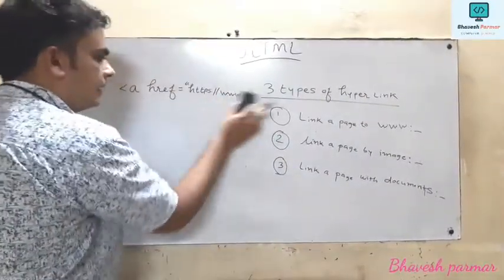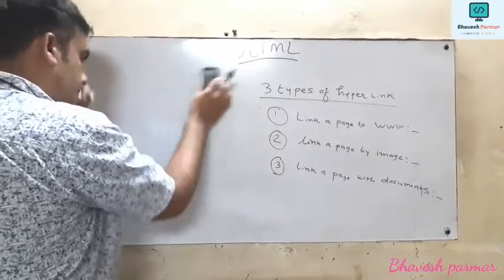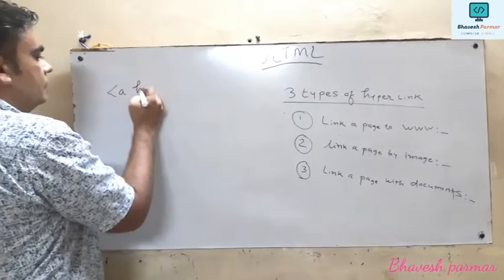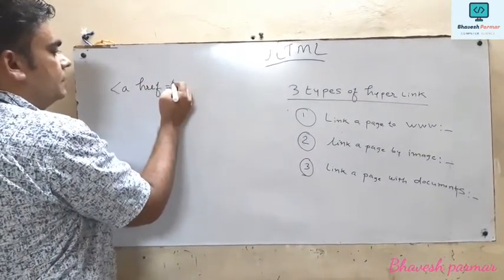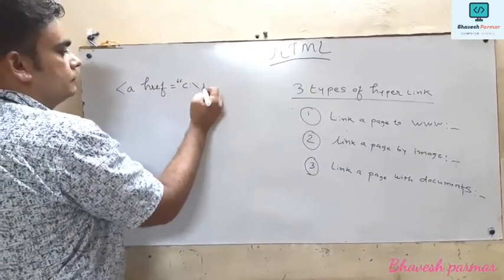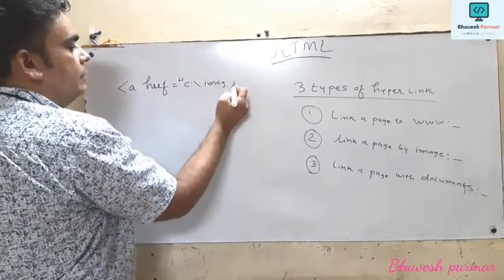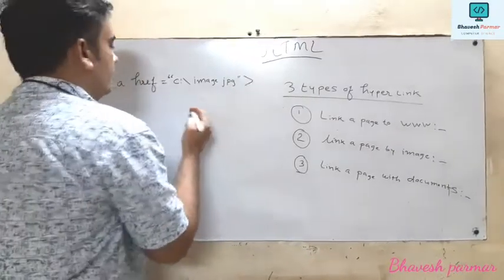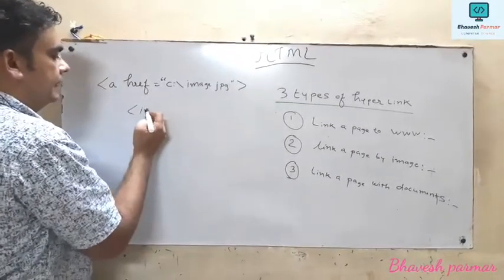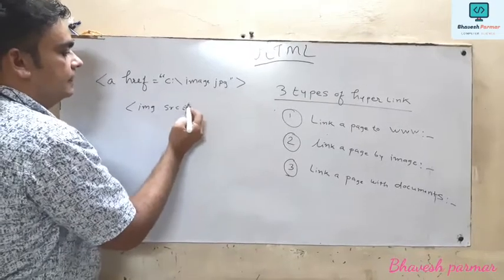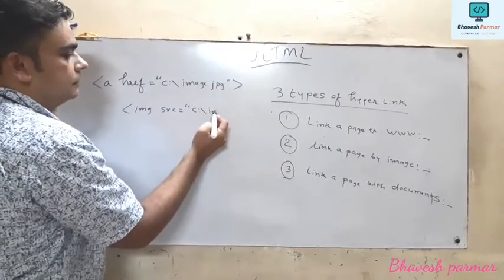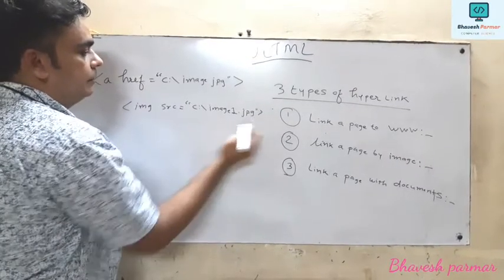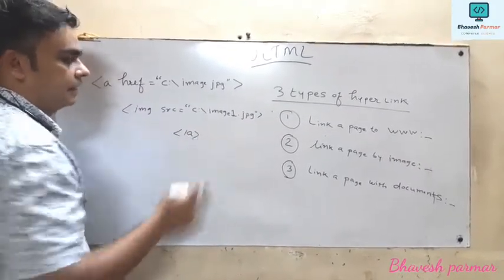I am writing the example like this: a href is equal to image.jpg, and the text is like this: img src image1.jpg and /a.